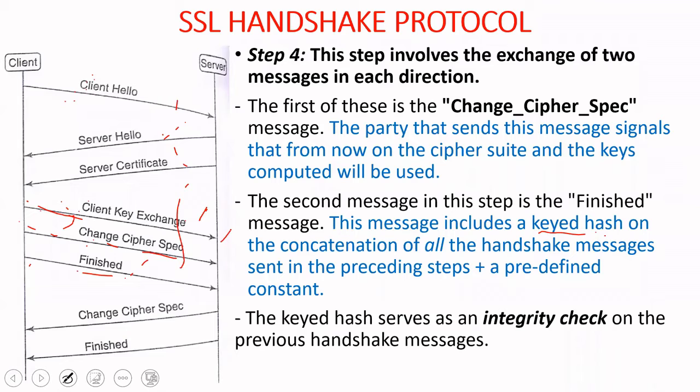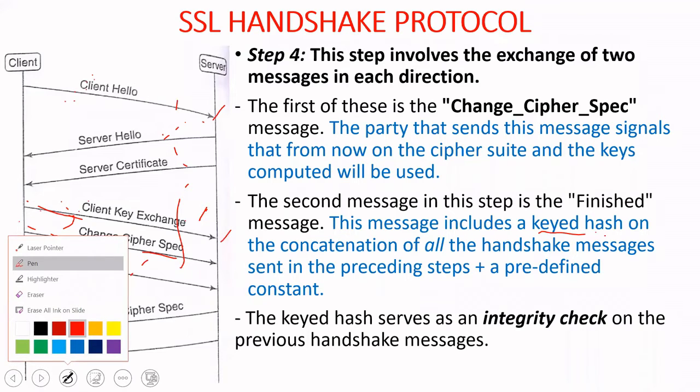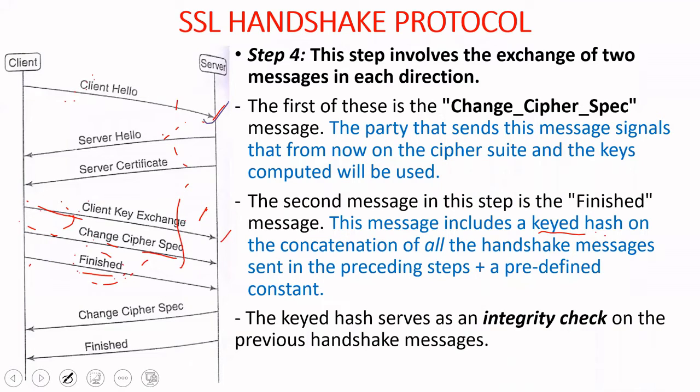Now, the server on receiving the finished message will calculate the hash. How does it calculate the hash? It will take the messages that it has received from the client, that is client hello, client key exchange, change cipher spec, and it will calculate the hash.